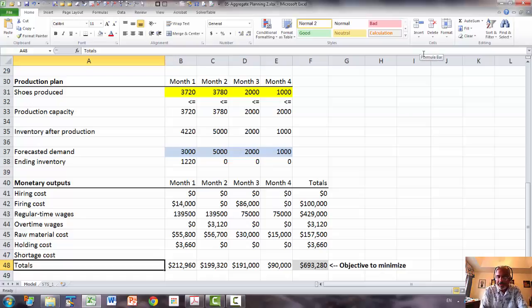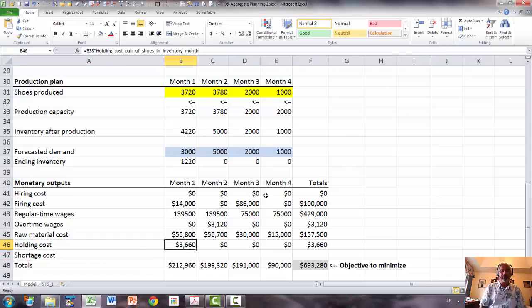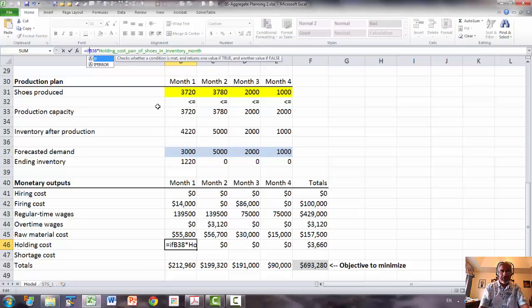Now the holding cost will be applicable only if the ending inventory is greater than 0. Otherwise it will not be there. So we have to change this formula. First we have to see whether B38 is greater than 0.